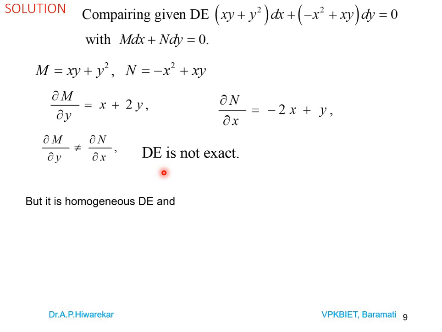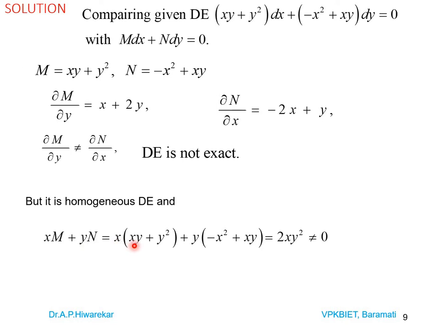Therefore, we'll see whether it is homogeneous or not. Yes, M is a homogeneous function of x and y of degree 2. N is also a homogeneous function of x and y of degree 2. So the given differential equation is a homogeneous differential equation. Now to apply rule number 1, we'll find xM + yN.